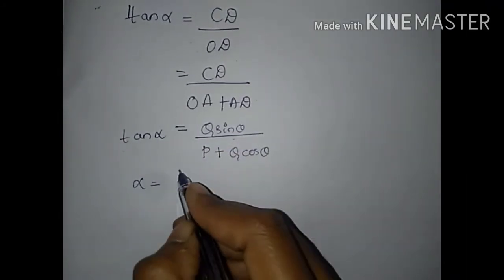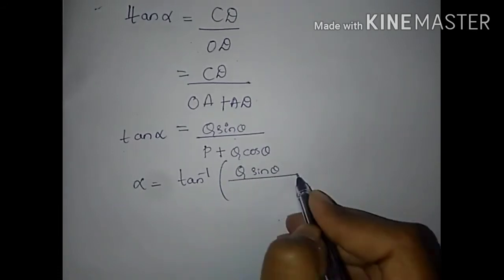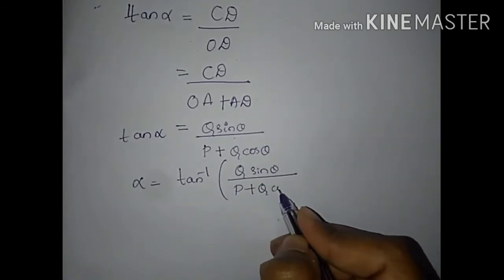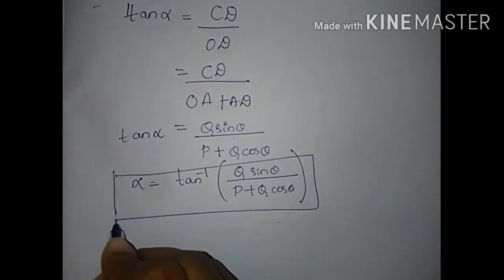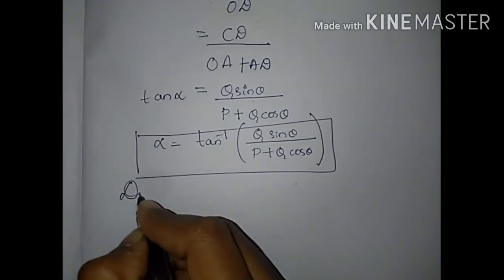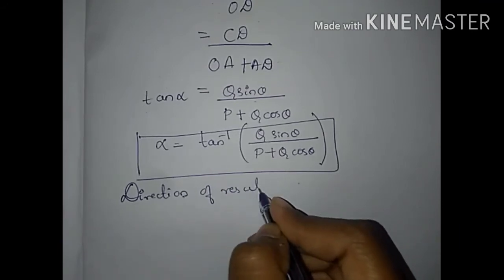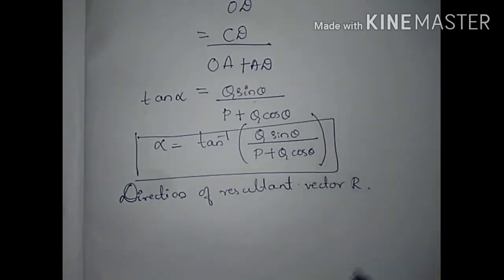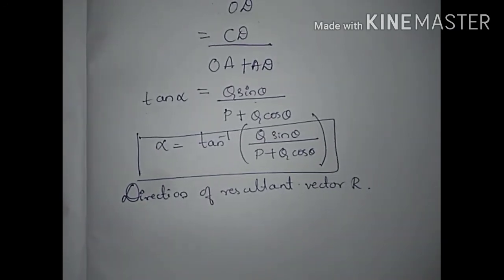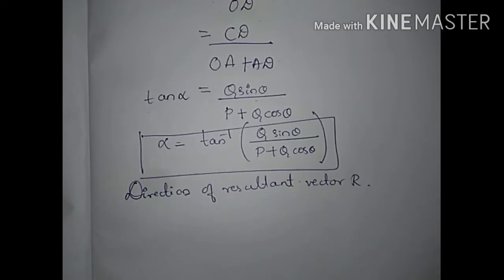If you want alpha, it will be tan inverse of Q sin theta divided by P plus Q cos theta. This equation gives the direction of the resultant vector R. So alpha is equal to tan inverse of Q sin theta by P plus Q cos theta.